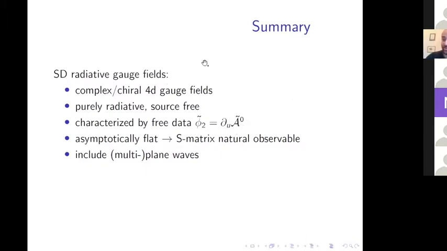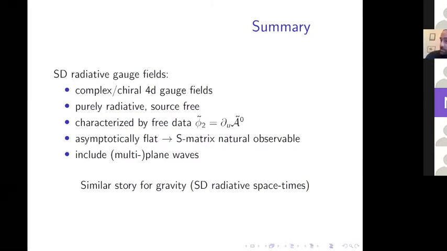They're asymptotically flat by definition, which means the S matrix is going to be a natural observable on this background. And they include plane waves or superpositions of plane waves as an example. So if you like thinking about impulsive plane waves as the prototype of every strong background field, then those are included in this class. Self-dual plane waves are included in this class of self-dual radiative gauge fields.